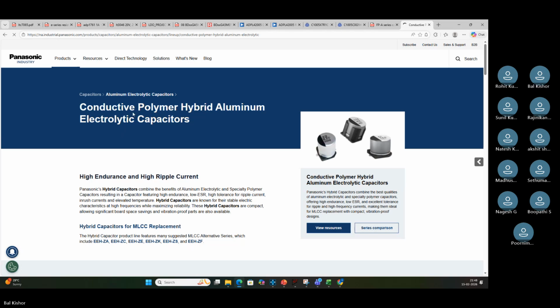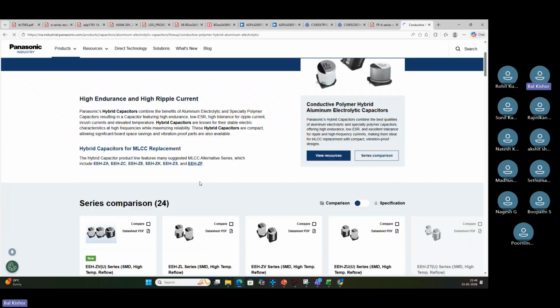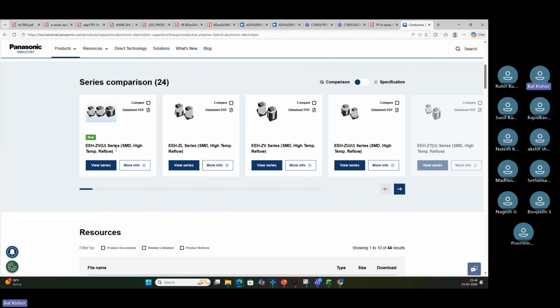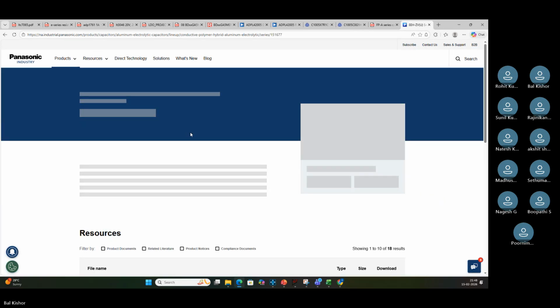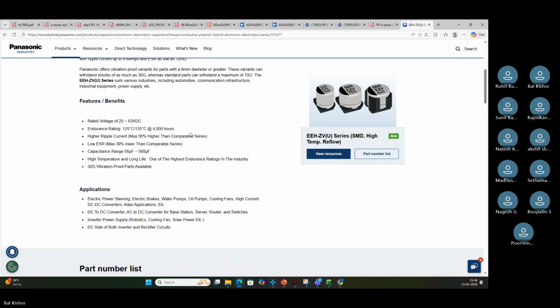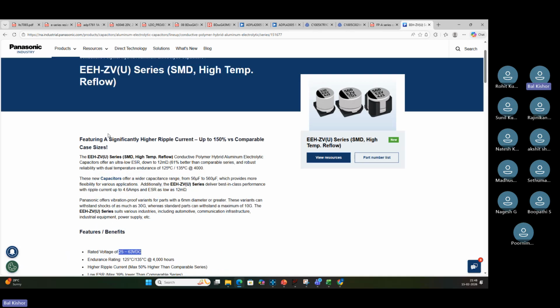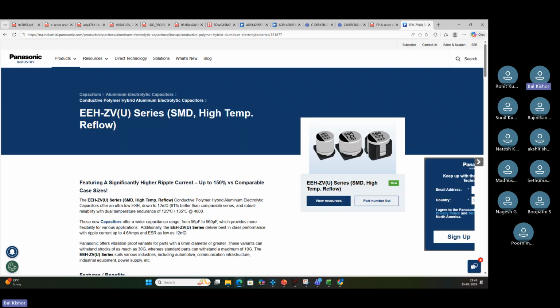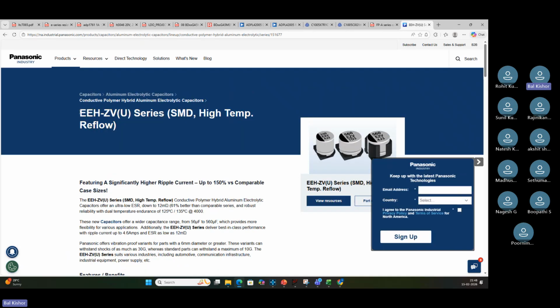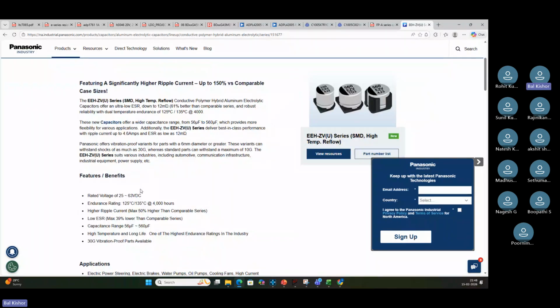So they have come up with conductive polymer hybrid capacitors, and these hybrid capacitors are very nice. Okay, and I have used them in many equipments also. So you can see, they have rated voltage, let's say up to 25 volt to 63 volt, and it depends completely on the series. It is not that any series will give you this voltage only. So hybrid capacitors, I think I have seen that they are limited to around 63 volt or 50 volt only.